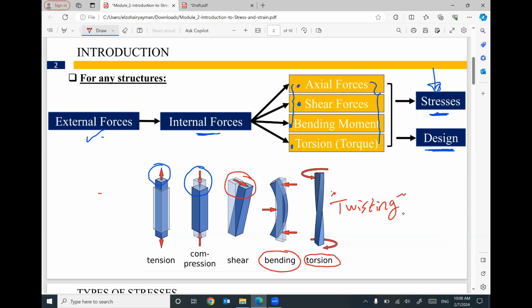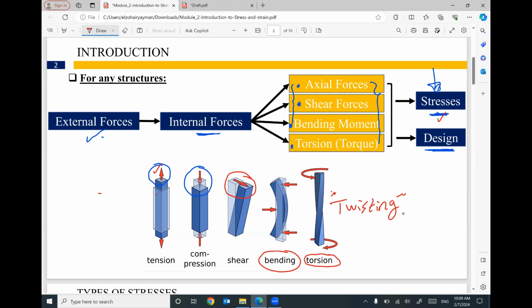So if you have these internal forces in the member, they will cause stresses. It's very important to understand this sequence. If you have a member under the effect of external force, the external force will create internal forces.